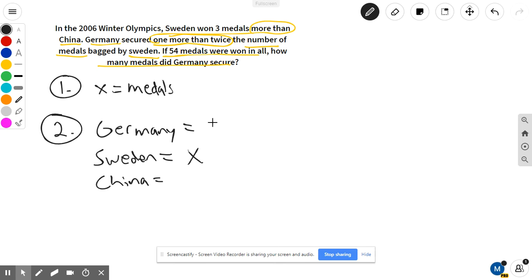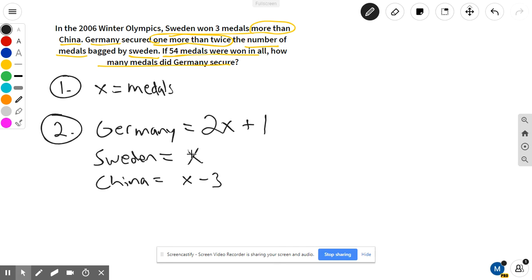So let's say x was Sweden. That means you're doing 2 times x because that's twice the number of medals, plus 1. That's why I was doing x for Sweden. And then it says Sweden won 3 medals more than China. So you can also represent that as x minus 3. Because if Sweden won 3 more than China, you can do the opposite by subtracting, saying China is x minus 3.